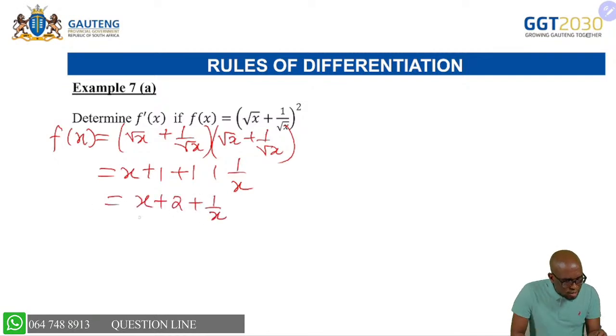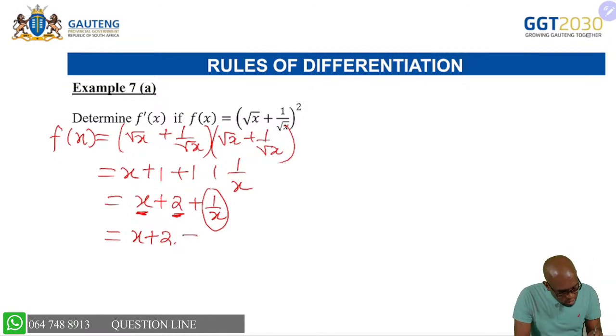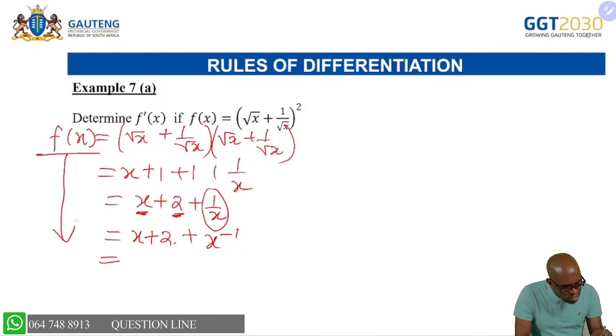Now if you check, this is ready for differentiation, this is ready for differentiation, but this one is not ready because the variable that I should differentiate is on the denominator. I should prepare it first. So I'm going to rewrite these ones. I'm not going to differentiate these two because they are ready. I'm going to make sure that the third one is also ready. Using the inverse law here, I get that this is x to the minus 1. So all of them are now ready. I can then differentiate. Once I differentiate, I change this notation here.